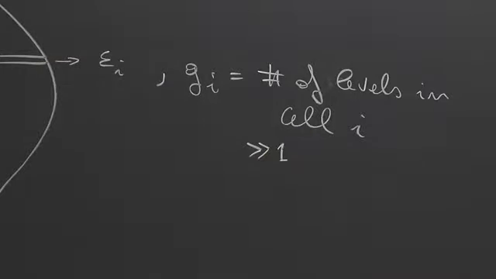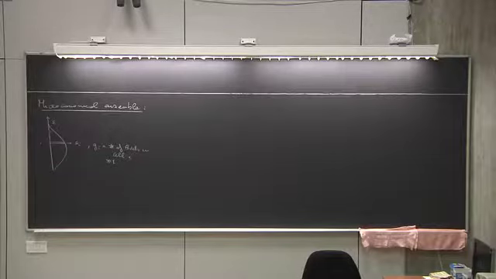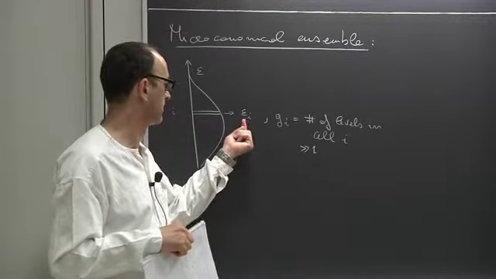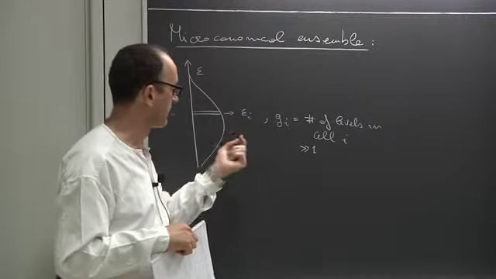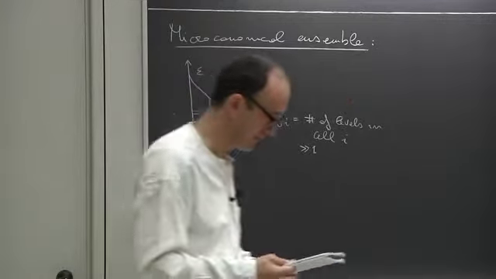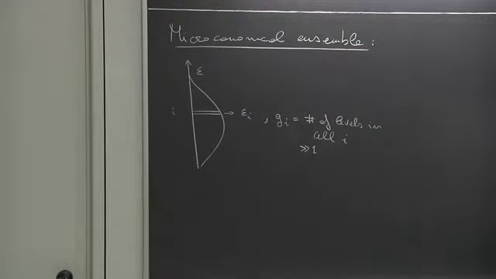If you're looking at a very large system, we know that the spacing between energy levels will roughly be proportional to 1 over the volume, so that in a small interval of energy, there will be many energy levels. Okay, so then, what is the problem?